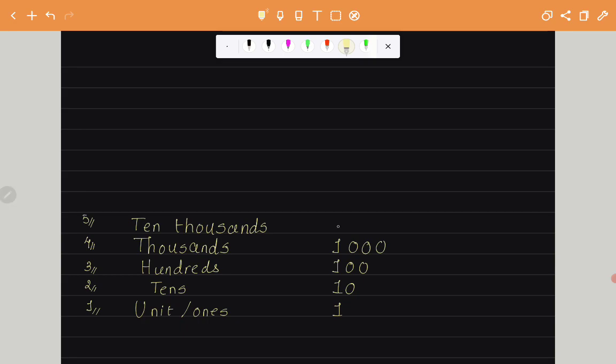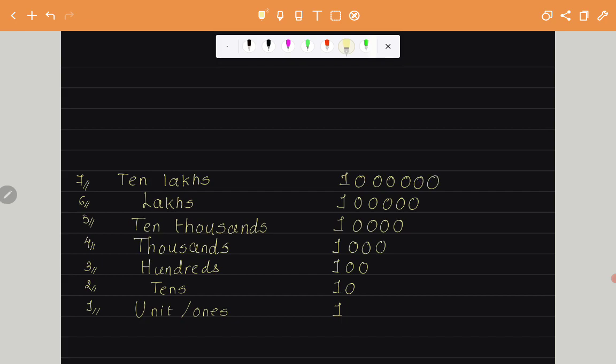So here 10,000 has 4 zeros involved. Then lakhs, so 5 zeros. Then 10 lakhs, right? So here one more zero.